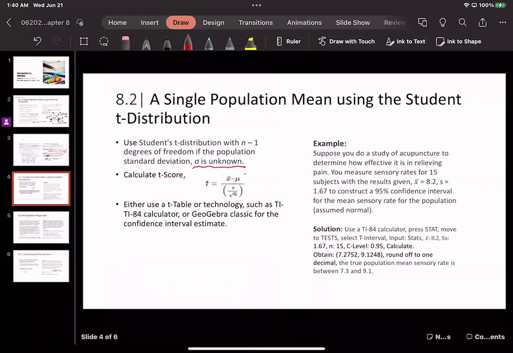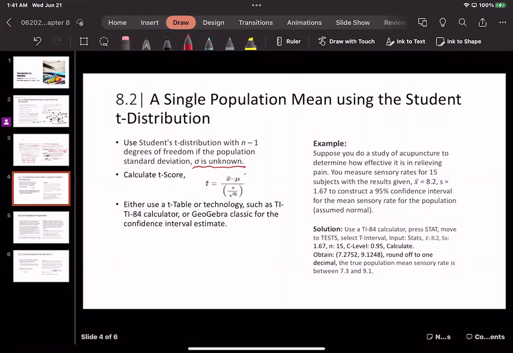The t-score is very similar to the z-score, but there is something different: we can use the sample standard deviation, small s, to replace sigma, because sigma is unknown. In reality, most of the time we don't know the population standard deviation, so the t-distribution becomes practical to apply.